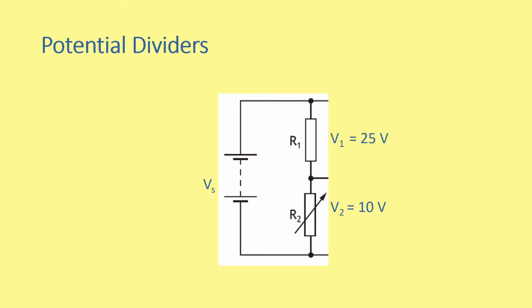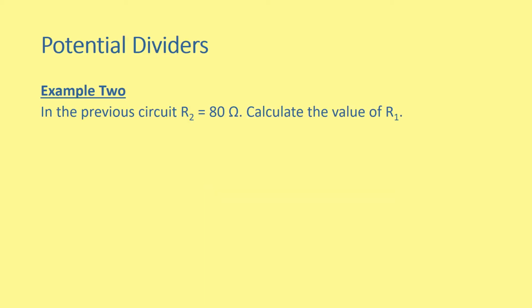In the second example, we have a value for V1 as 25 volts and a value for V2 of 10 volts. In the previous circuit, R2 was equal to 80 ohms, and we're asked to calculate the value of R1. Again, we use the ratio relationship. V1 over V2 is equal to R1 over R2. 25 over 10 is equal to R1 over 80.